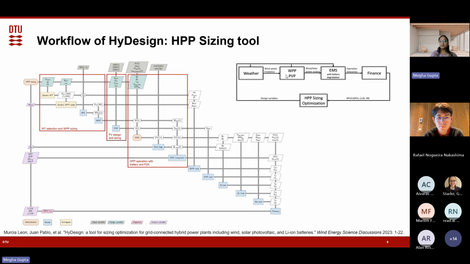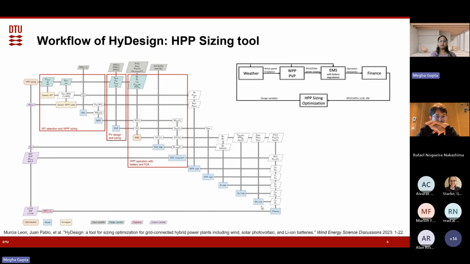This particular block on the right hand side is further expanded and shown in the big figure, the XDSM diagram. It gives a glimpse of what inputs are coming from the different components, and how those outputs are used further by the other components, like when we are calculating the cost models, or when we are calculating the financial KPIs.